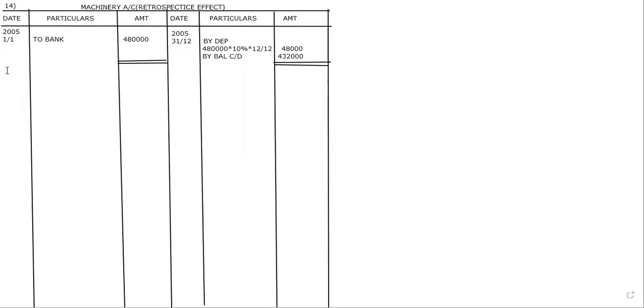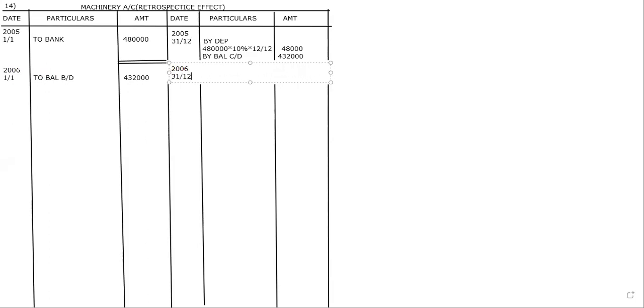Now, next year we'll move on. The next year is 2006, 1st January. We write to balance brought down, 4,32,000. Now here it becomes very important what method we are following.